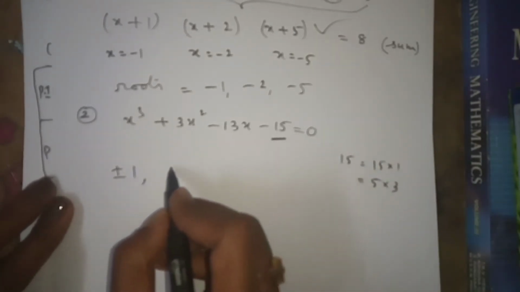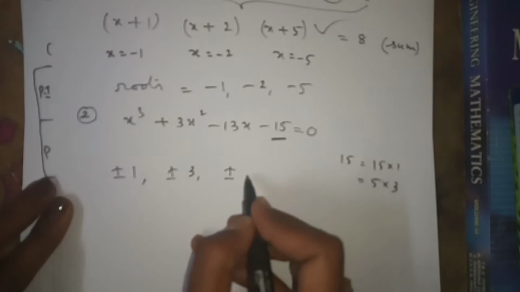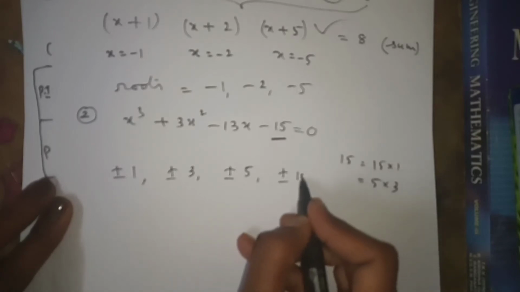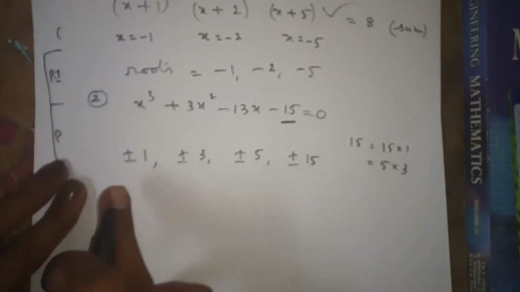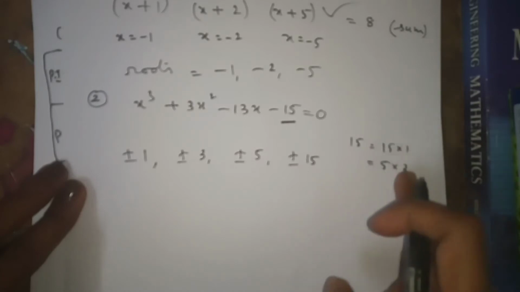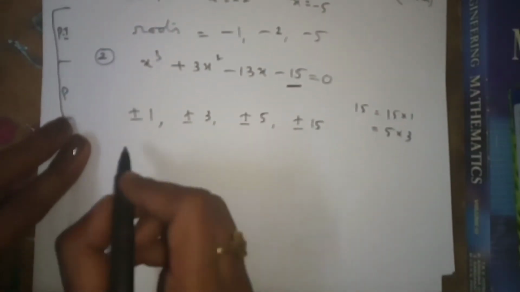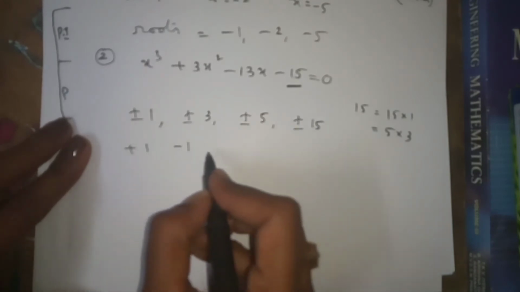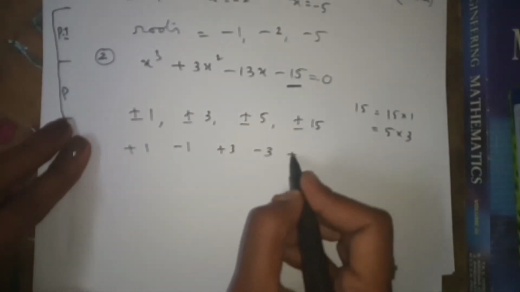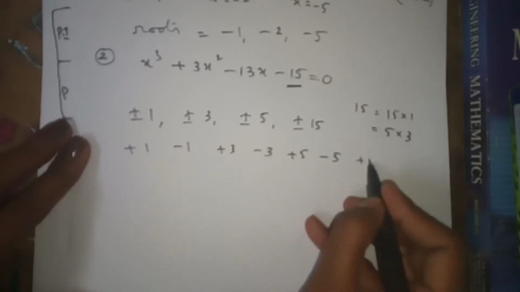Plus or minus 1, plus or minus 3, plus or minus 5, plus or minus 15. In detail: plus 1, minus 1, plus 3, minus 3, plus 5, minus 5, plus 15, minus 15.